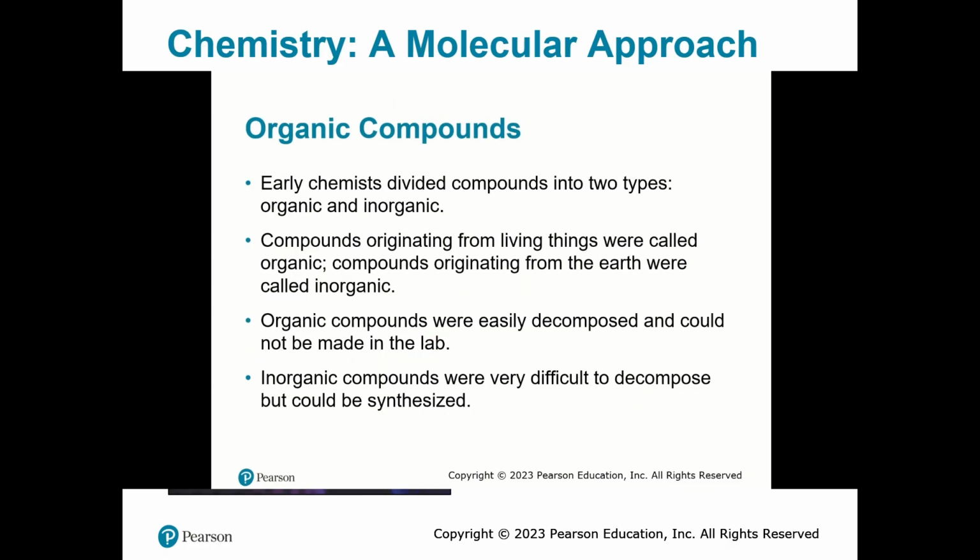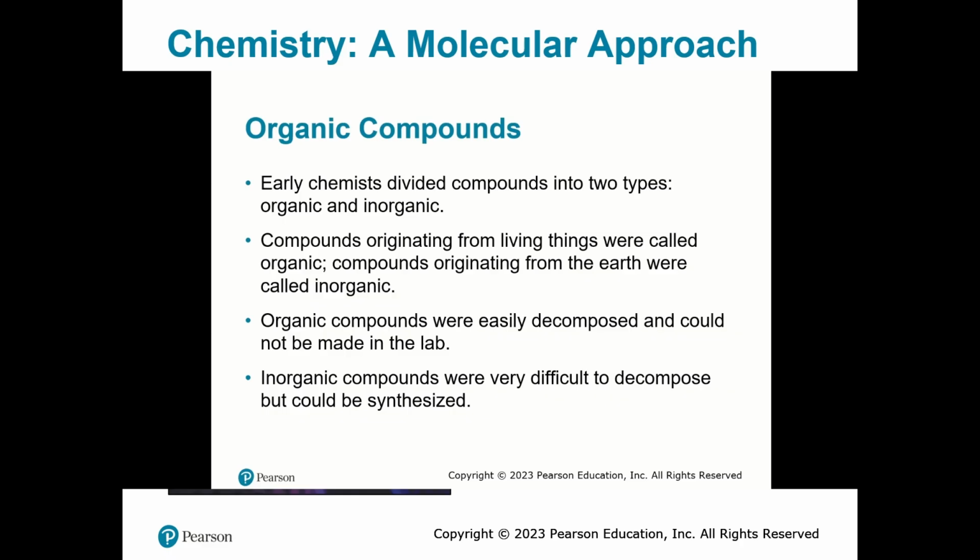So, organic compounds. Early chemists would divide compounds into two types, organic and inorganic. And since we talk about carbon and hydrogen and combustion, it's important to talk a little bit about organic compounds. Compounds originating from living things were called organic. Compounds originating from earth were called inorganic. Organic compounds were easily decomposed and could not be made in the lab.